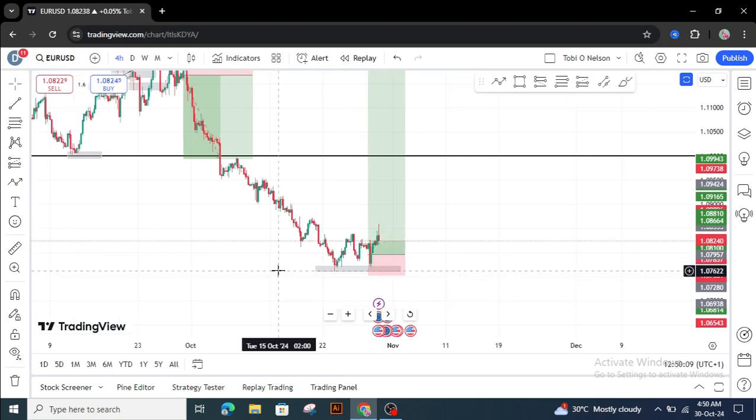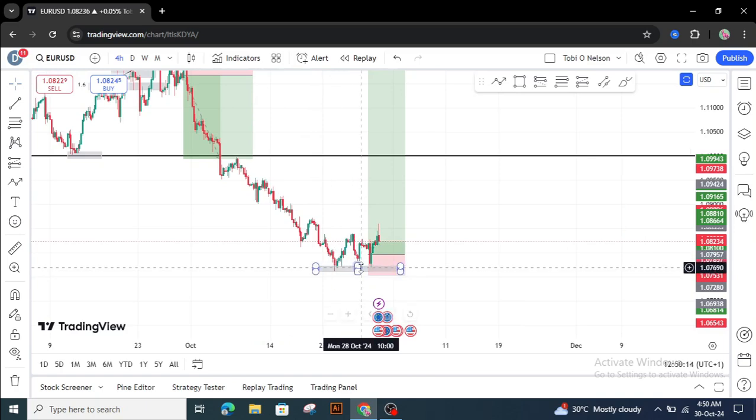When the dollar index made that double top, EURUSD formed a double bottom, trying to show us a reversal to the upside. Okay, so that correlation is a sign that you may consider buying this market.